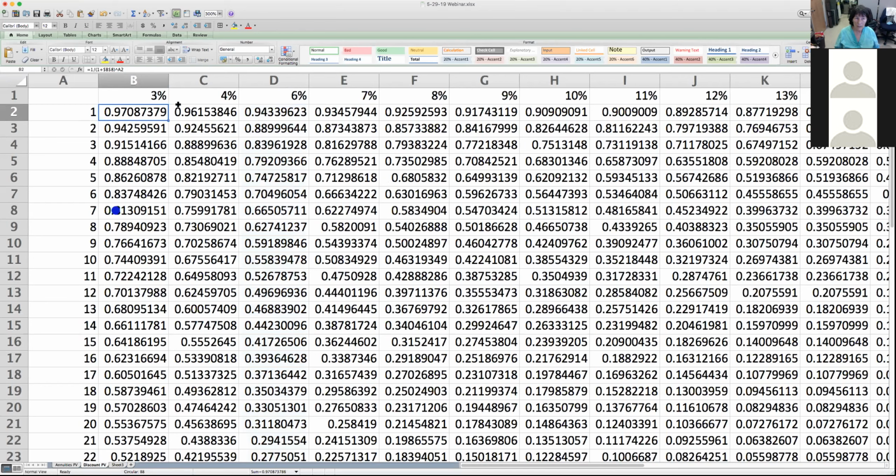I want to fix it to be this interest rate. So all the way down here, they're all going to use the same interest rate. But you notice this one is A2. This one is A3, right? So that position, we're always going to the one right next to it. We're always going to the one over here. Right?